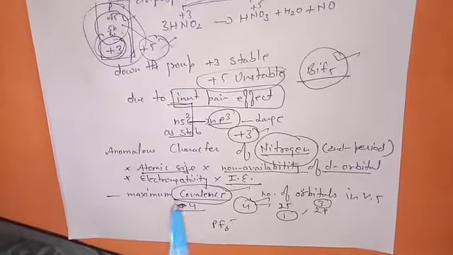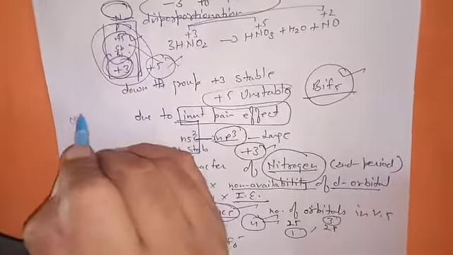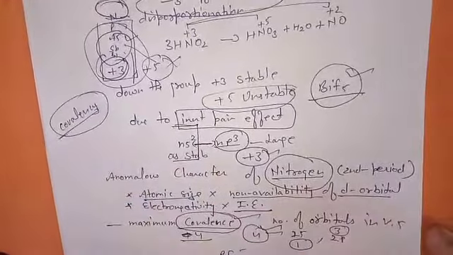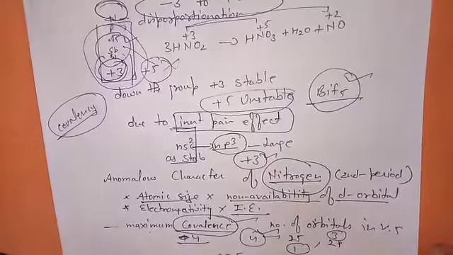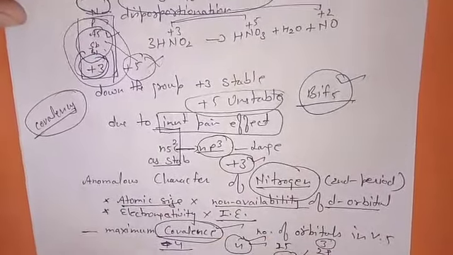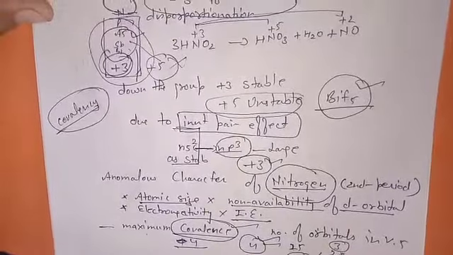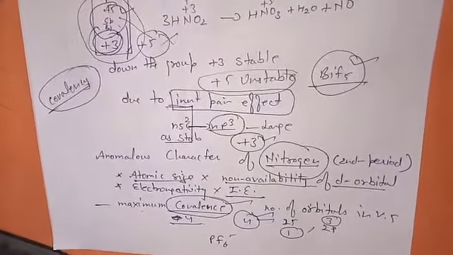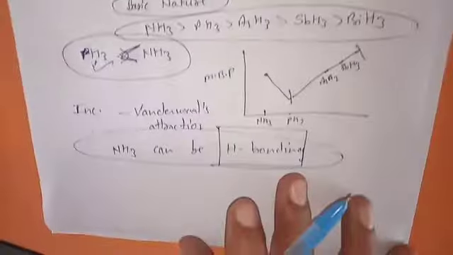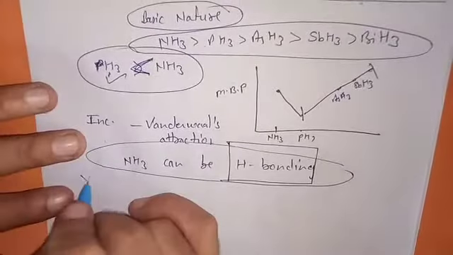You also have to understand the meaning of covalence. Covalence is completely different from the oxidation state. Then the anomalous character, that is also important: why nitrogen shows different behavior as compared to the respective group elements.